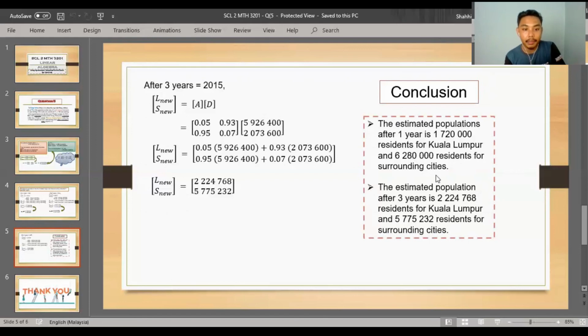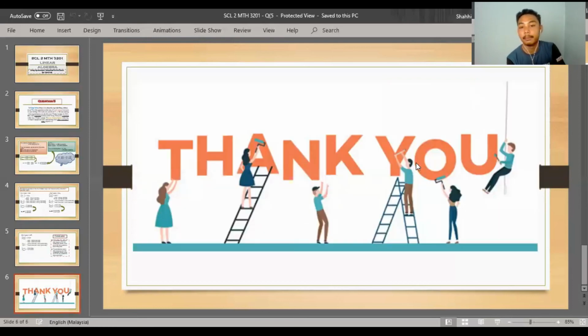And after 3 years, we can estimate that the population in Kuala Lumpur city will be 2224768 millions, and in the surrounding cities, the population would be 5775232 residents. So that's all for our presentation today.